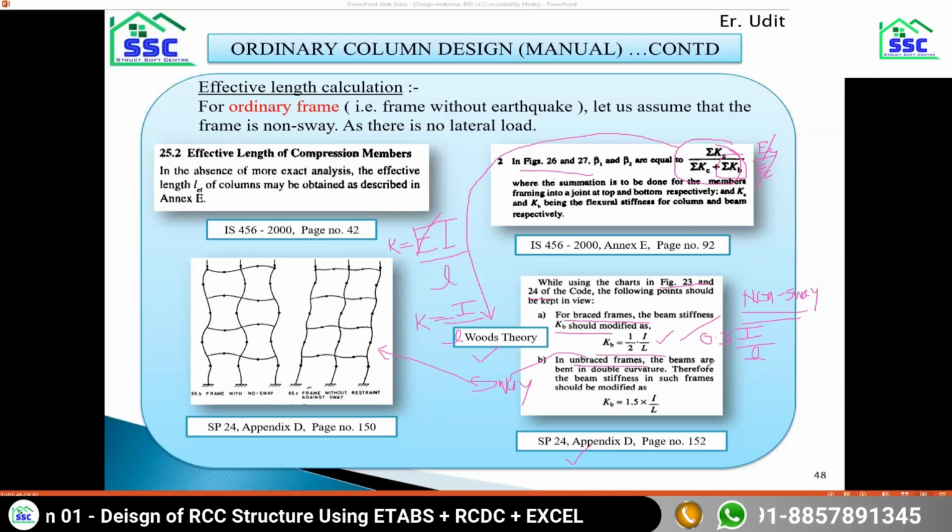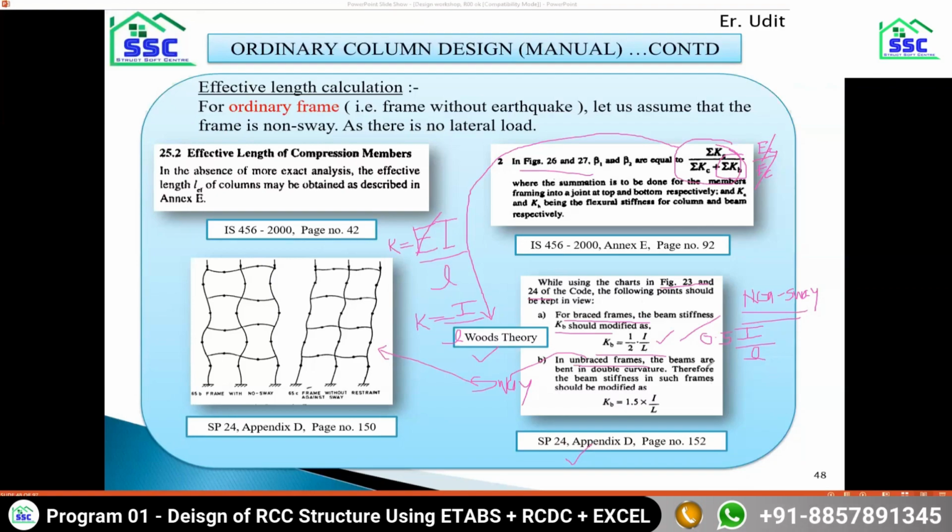That's why I have intentionally added this diagram of the frame in the PPT. If you see this bending of the column, this column is bending in double curvature. This column is bending in single curvature. That's why the beam stiffness in such frames, that is sway frames, has to be modified as 1.5 into I/L. So in our non-sway frame, we were reducing the stiffness of our beam to half, whereas here we are increasing our beam stiffness by a factor of 1.5.